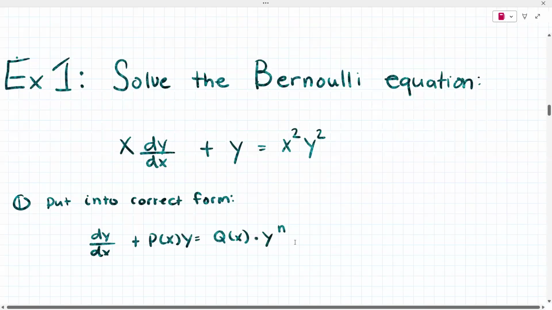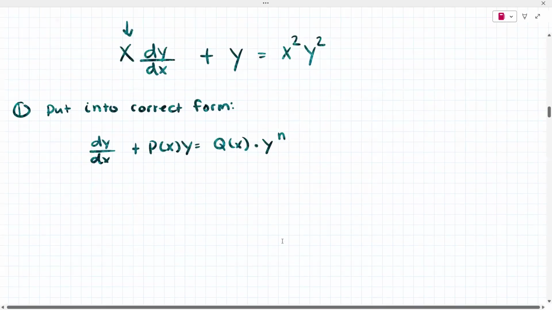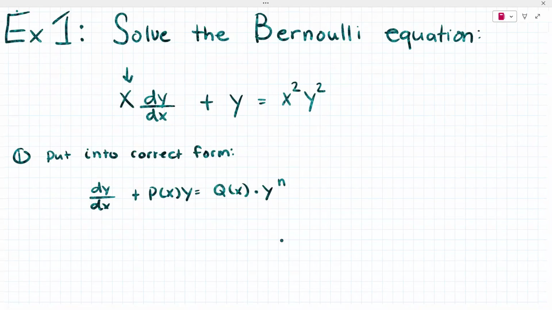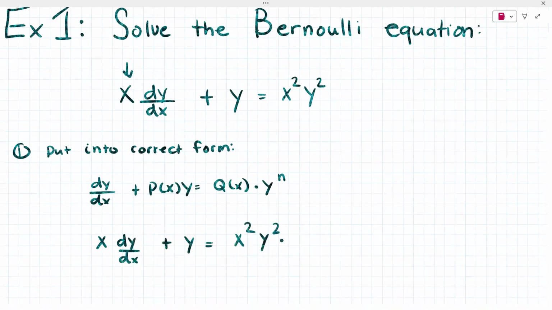Wait, no, it's not. We have to get rid of this x. If we get rid of that x, then we'll be in the correct form. So how do we get rid of that x? We're going to divide everything by x. Let me rewrite the problem down here, and then divide everything by x.